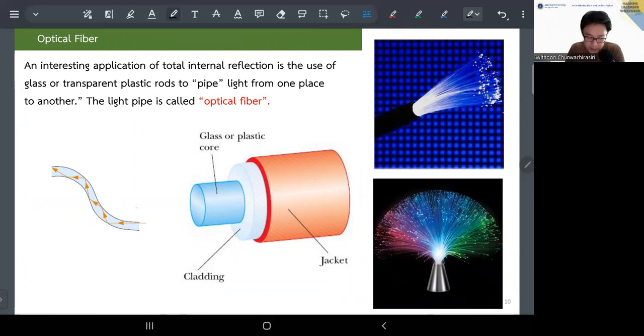The one on the left showcases what is going on, but in reality it's not bouncing off like this. In reality they have to do some engineering to increase the efficiency, so the light can stay in there longer without leaking into the side or away from the core fiber.